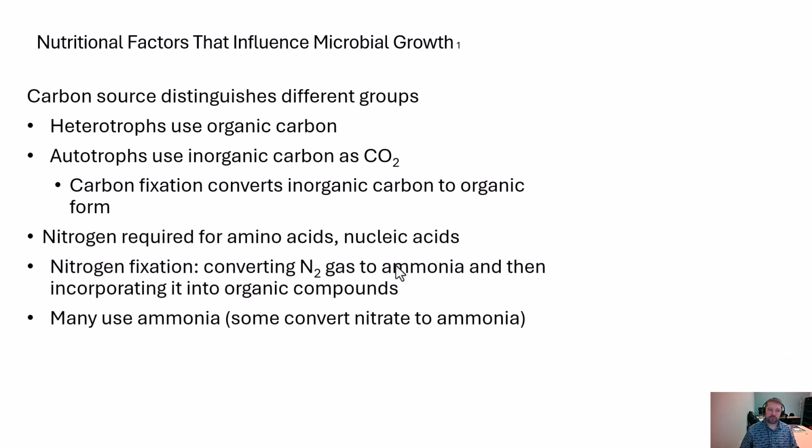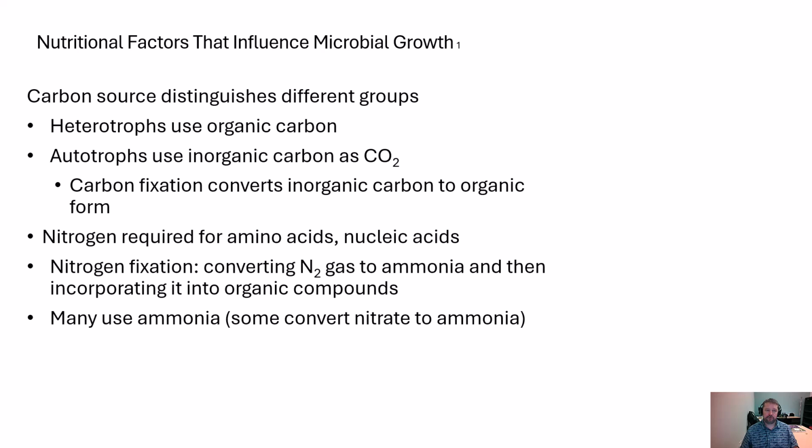And like I said before, carbon doesn't have to be the only source of energy, or even the preferred source of energy. There are microbes whose preferred source of energy is nitrogen, and so you can have the same kind of classification.